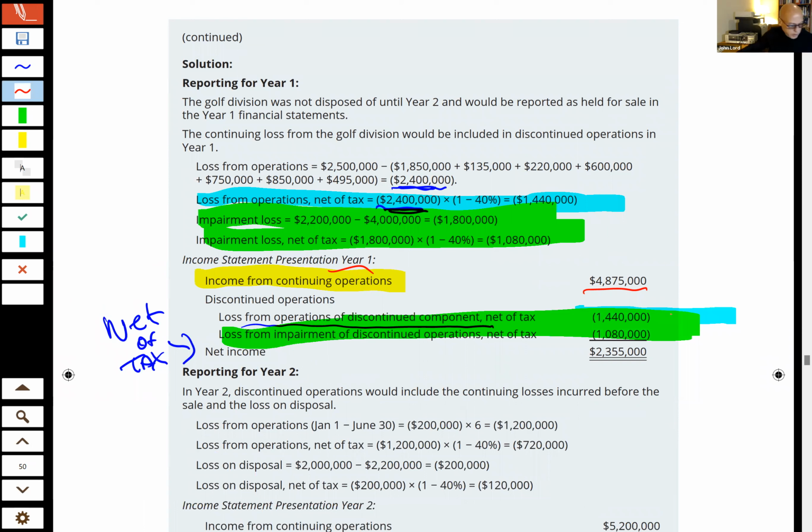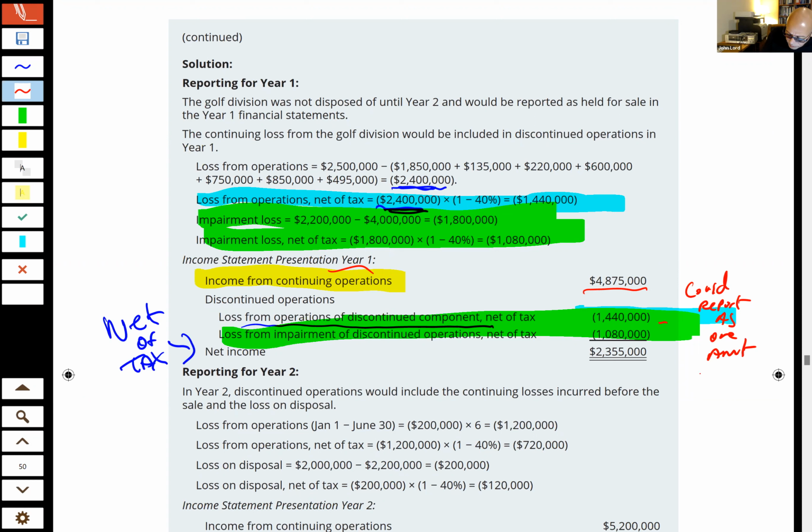So 1,440,000 plus the 1,080,000. You could just report that. You could report it as one amount.